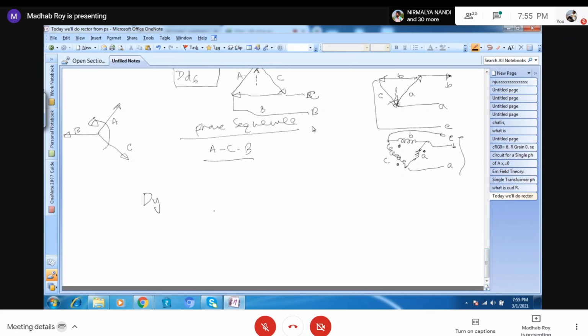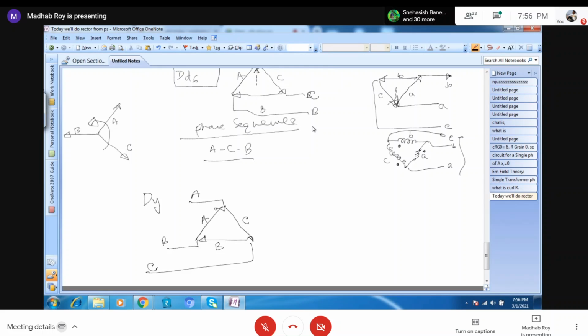So first for DY, we have to do the delta, capital B. So suppose this will be A, then this will be the B, then this will be the C. Now you have to connect these as a Y. So this is the terminal A, this terminal is called B, and this terminal is called C.